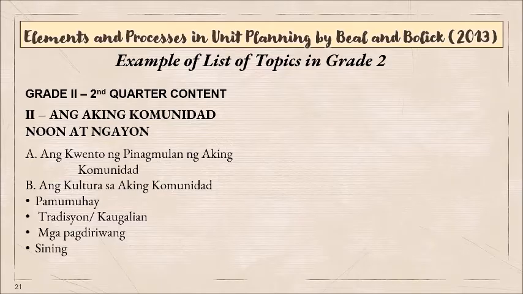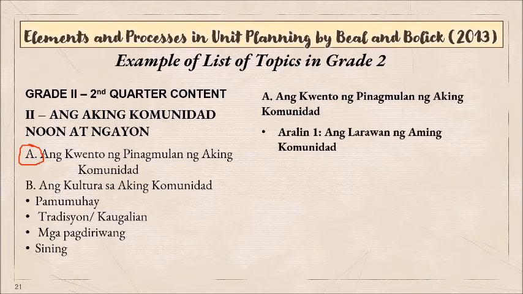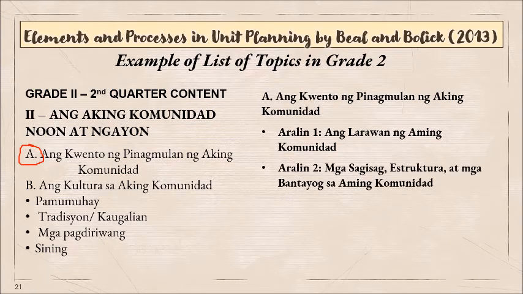Ayan, dito, for example, sa ang kwento ng pinagmulan ng aking komunidad. Doon sa libro or doon sa learner's material na nakuha ko or nahiram ko, ang subtopics under this ay eto, aralin 1, ang larawan ng aming komunidad at mga sagisag, estruktura at mga bantayog sa aming komunidad.